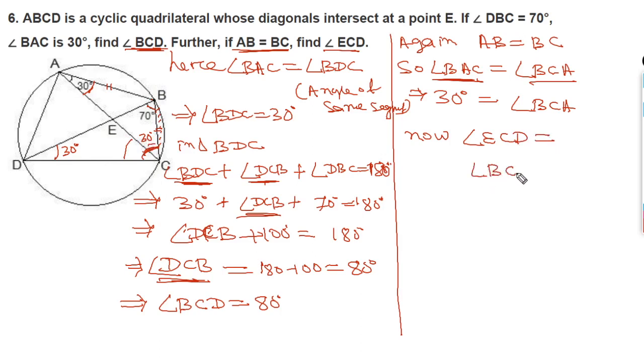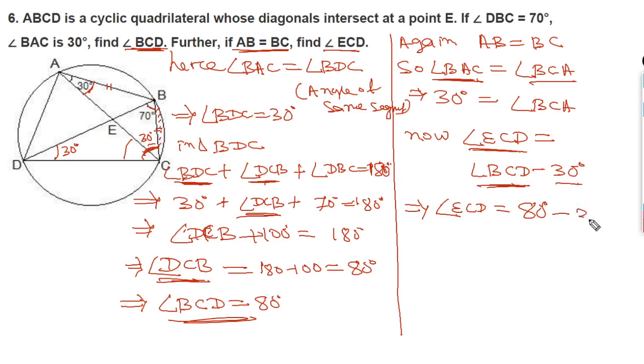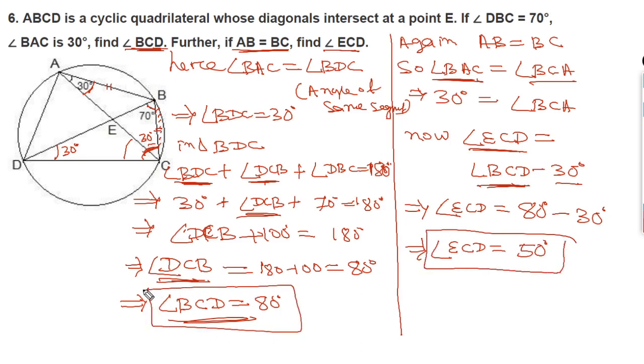Angle BCD we found was 80 degrees, so instead of BCD we write 80 minus 30. Angle ECD is equal to 50 degrees. So we got two angles: angle ECD is 50 degrees and angle BCD is 80 degrees. So this is the solution for question number 6.